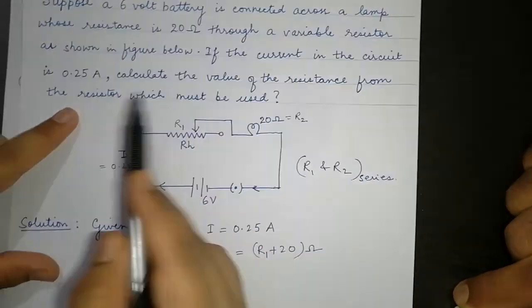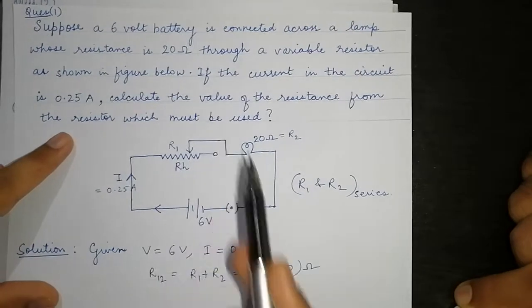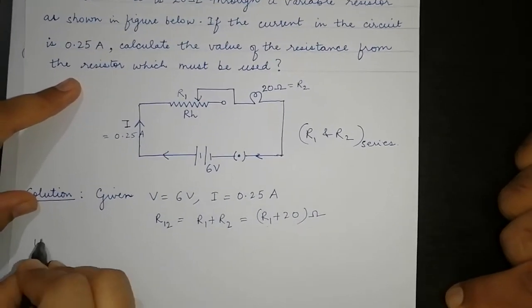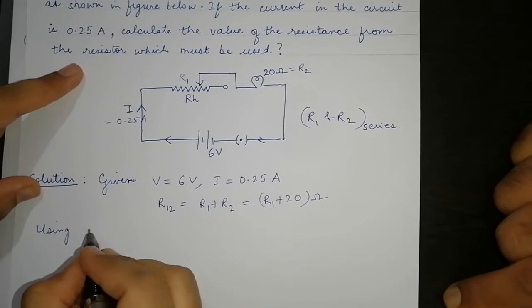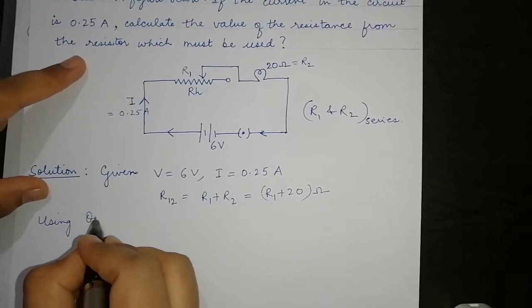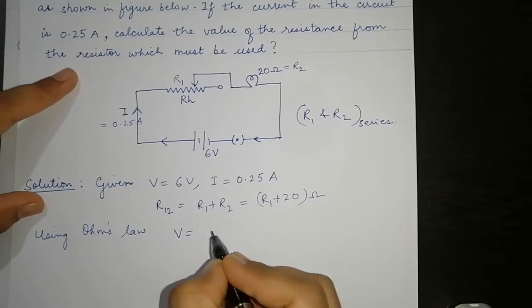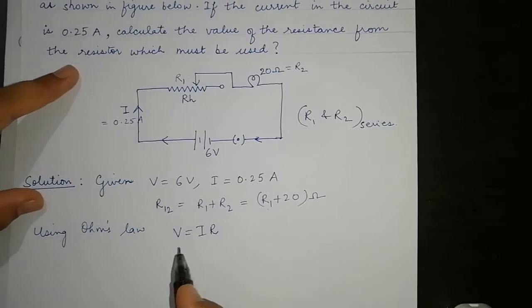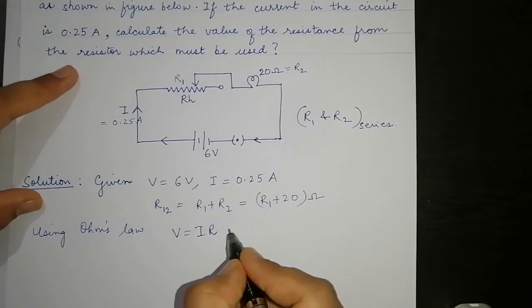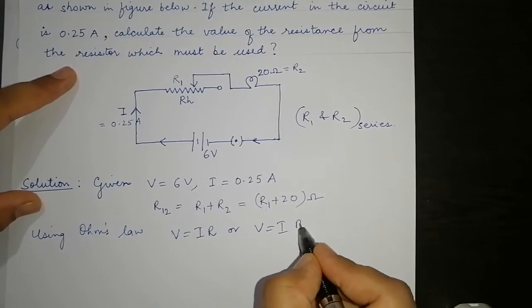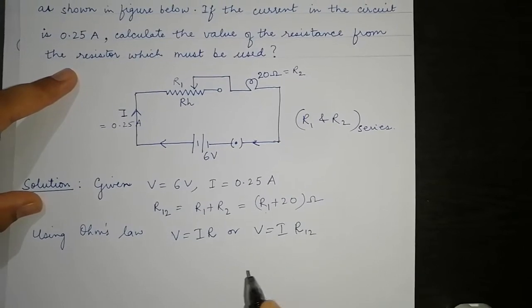Right? So now the question is, what should be this unknown resistance R1? Calculate the value of resistance from the resistor which must be used. So we need to find R1, right? So we will use the mathematical form of Ohm's law, V is equal to IR. So V is equal to I R12, right?